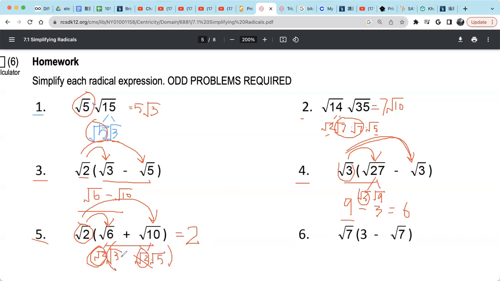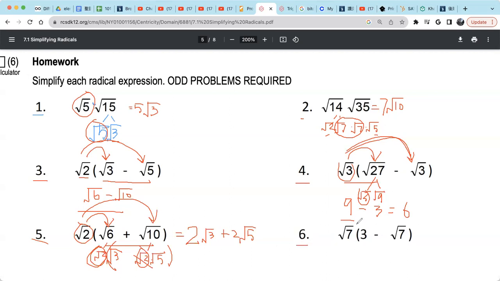Then what's left is square root 3, square root 5. So I have 2 square root 3 plus 2 square root of 5. There's no problem if you put a 2 outside the parentheses. Then inside the parentheses, you write square root 3 plus square root of 5.